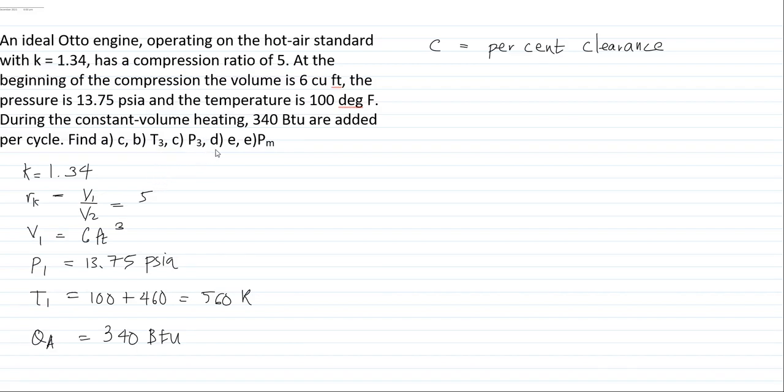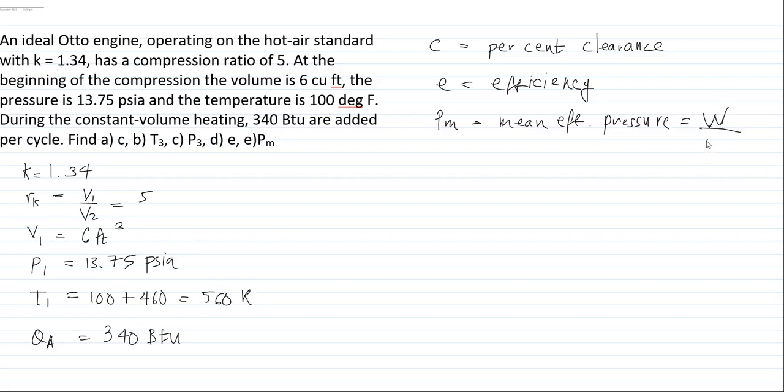This is the pressure at point 3. E is the efficiency of the cycle. And PM, this is a new term. PM is the mean effective pressure. Now, the mean effective pressure is equal to your work over the volume displacement.